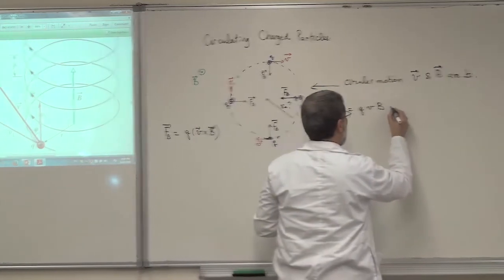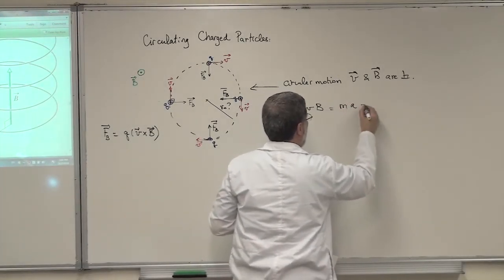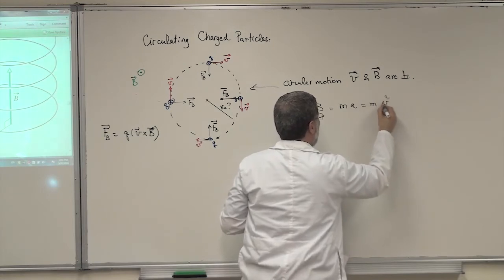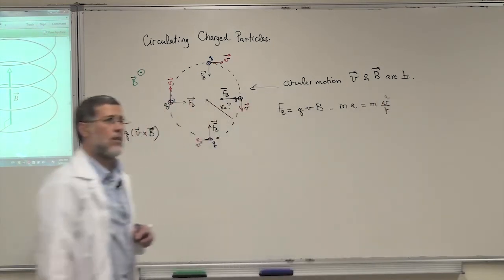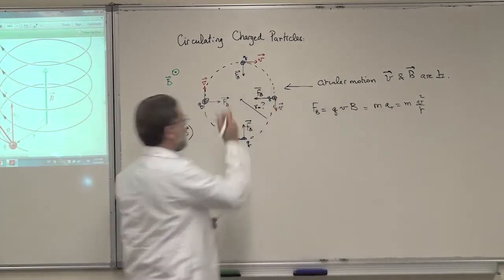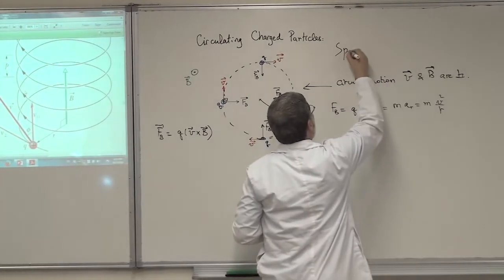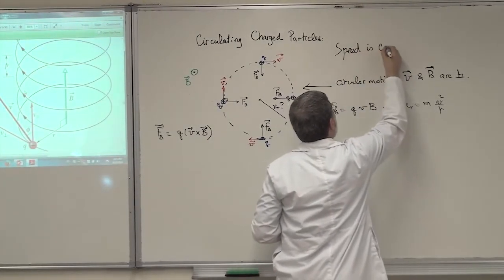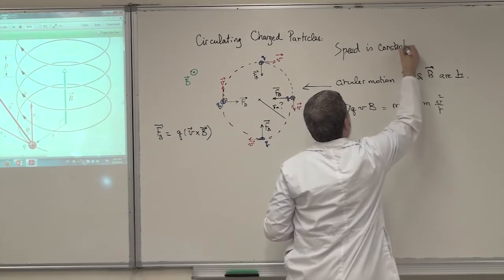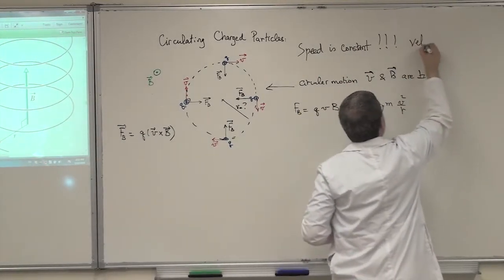And since we have a circular motion, this is Newton's second law, okay? But the acceleration is what? It's v squared over r. That's the radial acceleration. Be careful here. The speed is constant in this case, but the velocity is not.